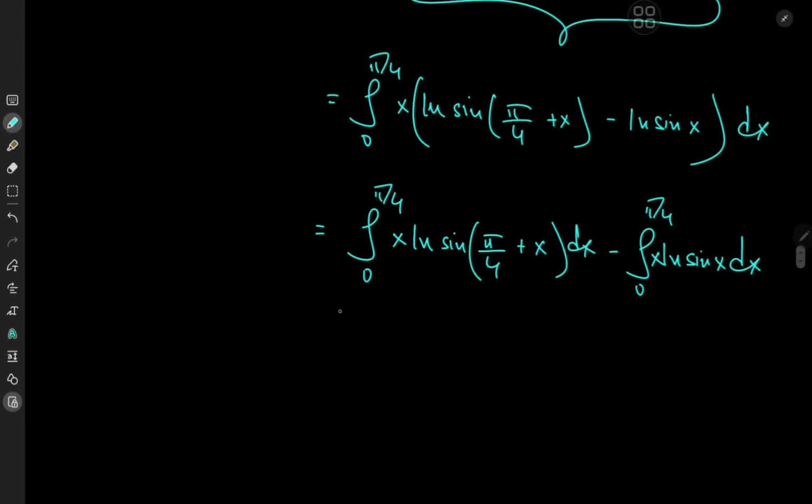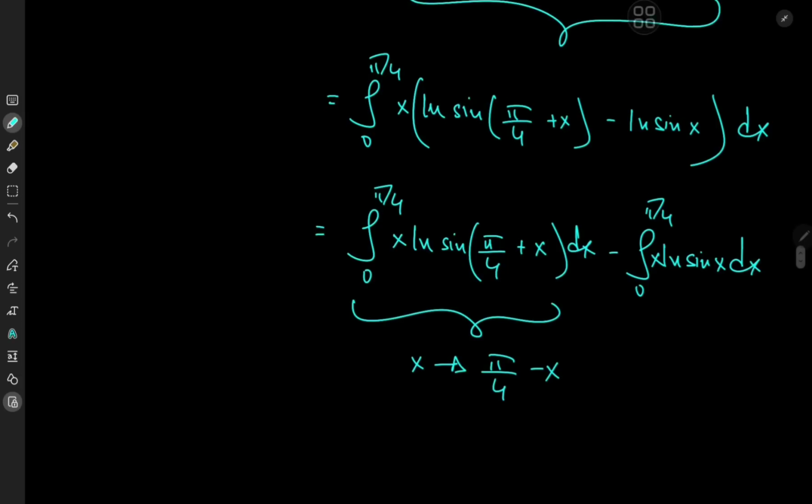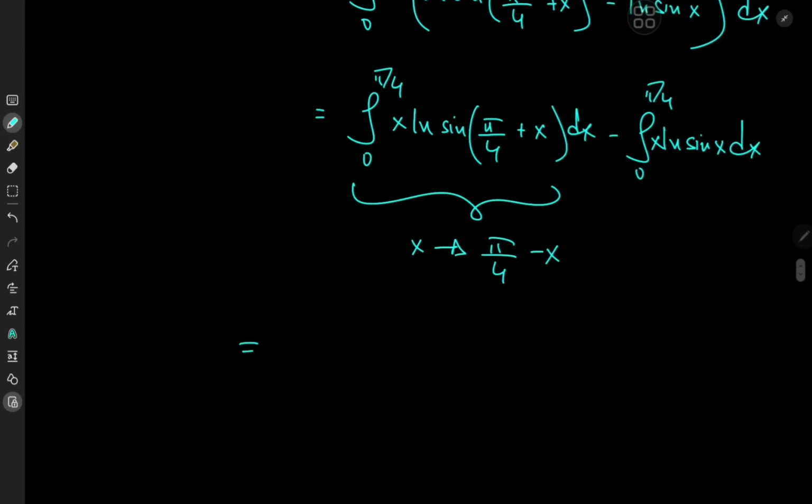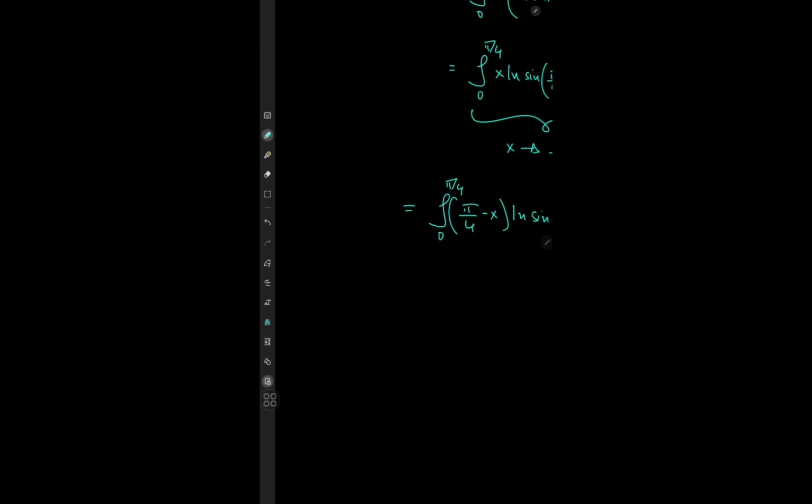And now I want to focus my attention on this integral by using another phase shift here from the x realm to, again, the pi by 4 minus x realm. So lots of transformations involved here, but it's getting pretty interesting. We have the integral 0 to pi by 4 of (pi by 4 minus x) times log sine, and you can verify we would get pi by 2 minus x.